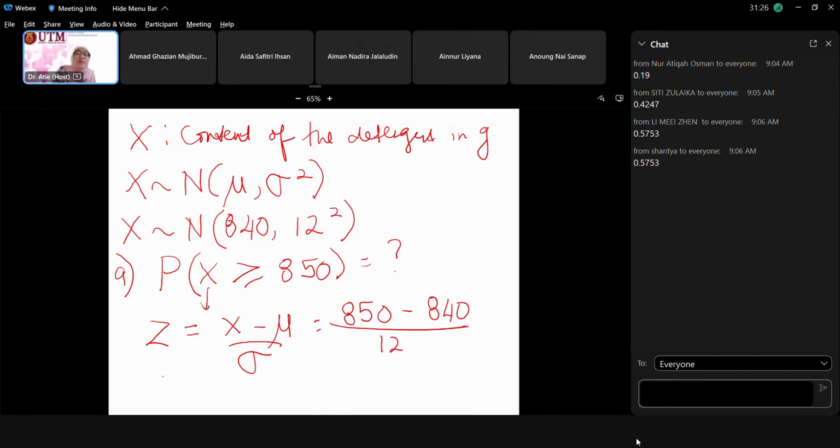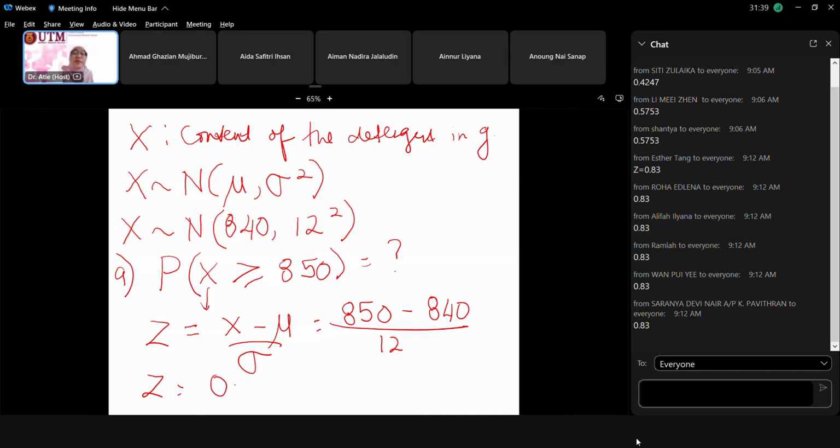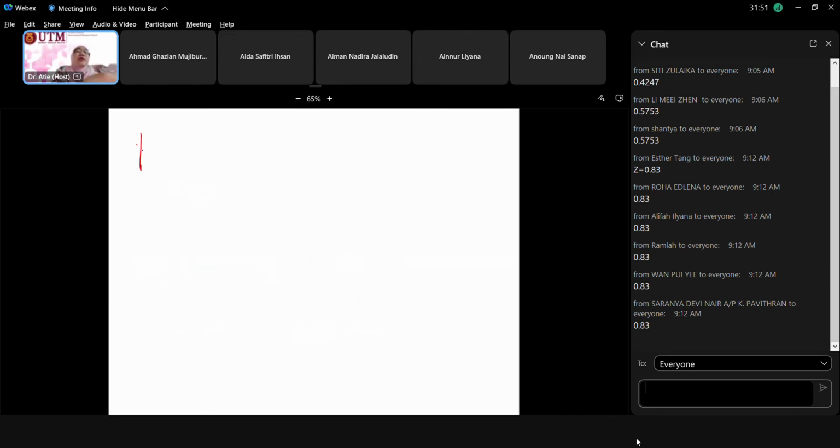So now we get the value of Z. Can somebody calculate it for me, please? Okay, 0.83, thank you. Once we get the Z, we plug it back into the equation. So P in terms of Z is more than 0.83.